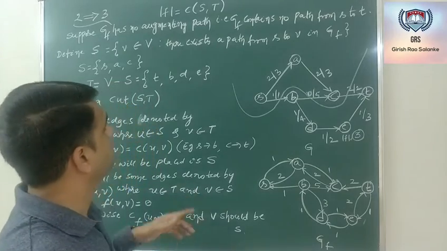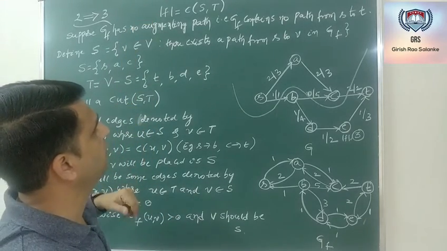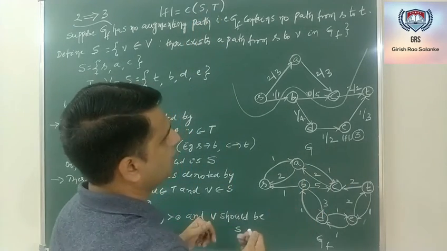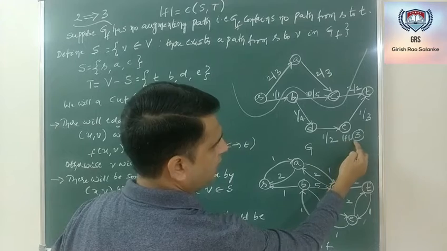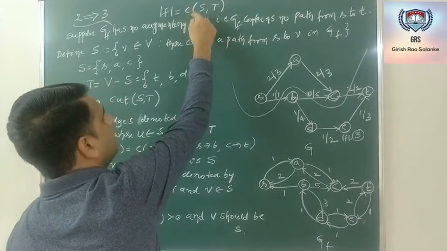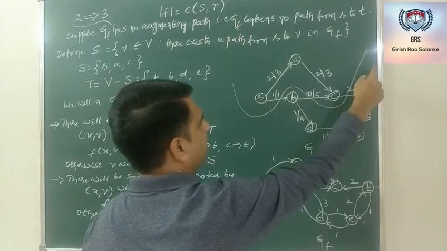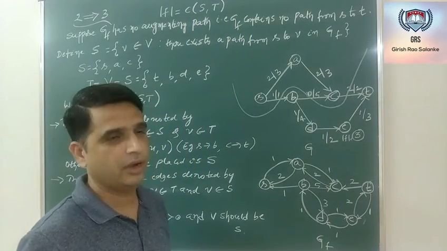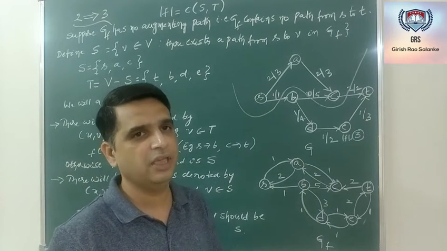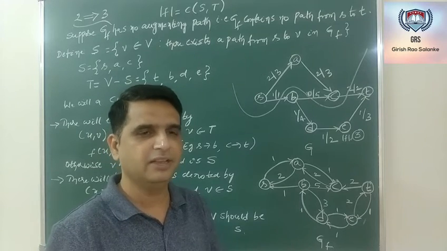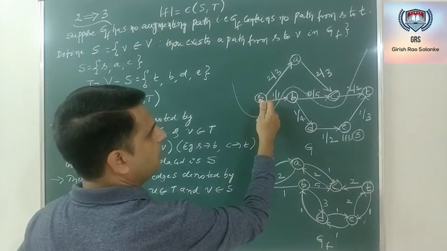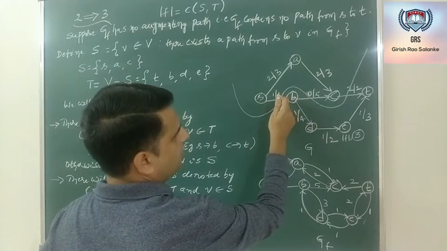Now with this, our objective was to prove that F is equal to the capacity of S comma T. In this particular diagram you can note that the value of F is 3, which is equal to the capacity on the ST cut. What is the capacity on the ST cut? It is nothing but the summation of the capacities on the edges which run from S to T. There is an edge from S to B with a capacity of 1.